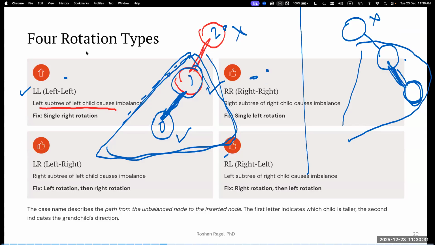One other case could be, let me use another color without deleting anything else, green. So one other case here in the first left side is that, let's say this is not there. Maybe I should delete so it becomes easy. So the imbalance would have happened even if it is this.